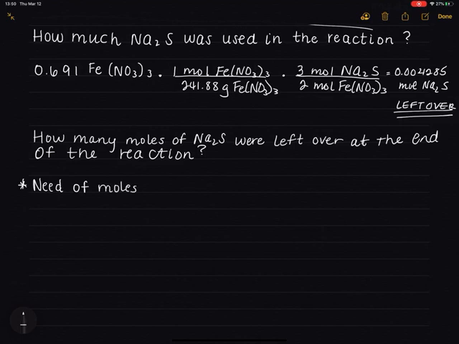How much sodium sulfide did we start with? That's this piece, right? How many moles of sodium sulfide? It's our volume times our molarity.